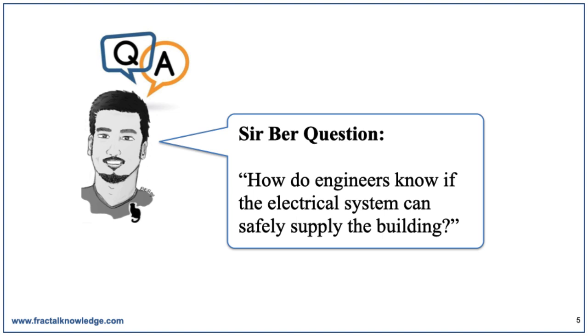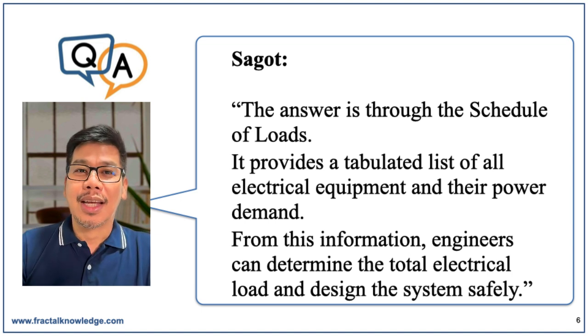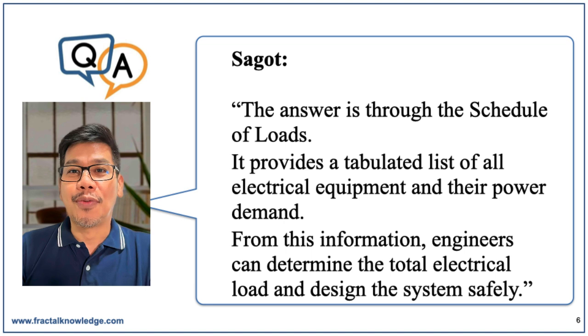Question: how do engineers and electricians know if the electrical system can safely supply the building? That's a good question. The answer is through the schedule of loads. It provides a tabulated list of all electrical equipment and their power demand and requirement. From this information, engineers can determine the total electrical load and design the system safely.